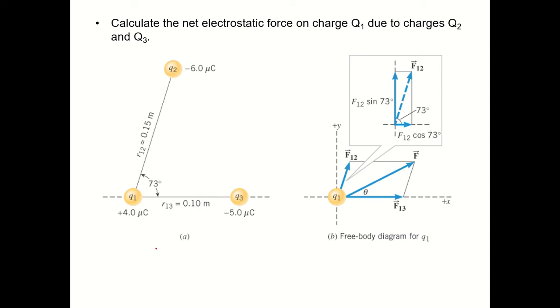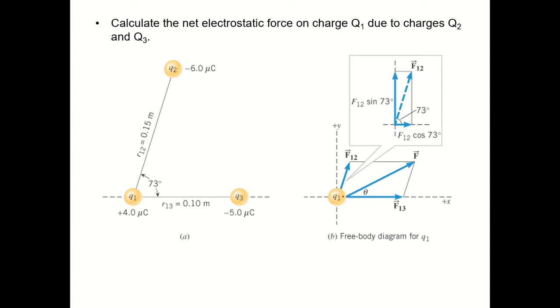Okay, so here's the free body diagram of this illustration. To solve for F, we have to calculate the magnitude of the resultant.